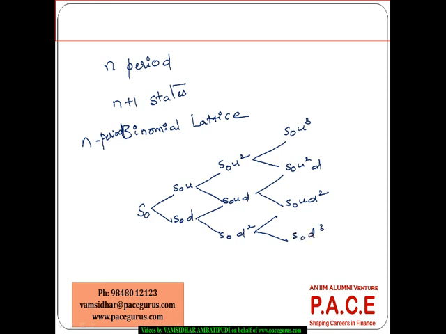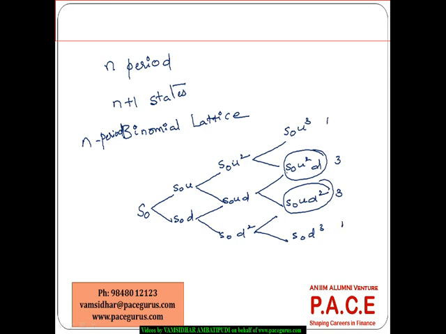Now if you see the way these are coming out, the S0u squared d comes out in three different parts: UUD, UDU, DUU. Three parts. Similarly, this comes in three parts. This is one, this is one.